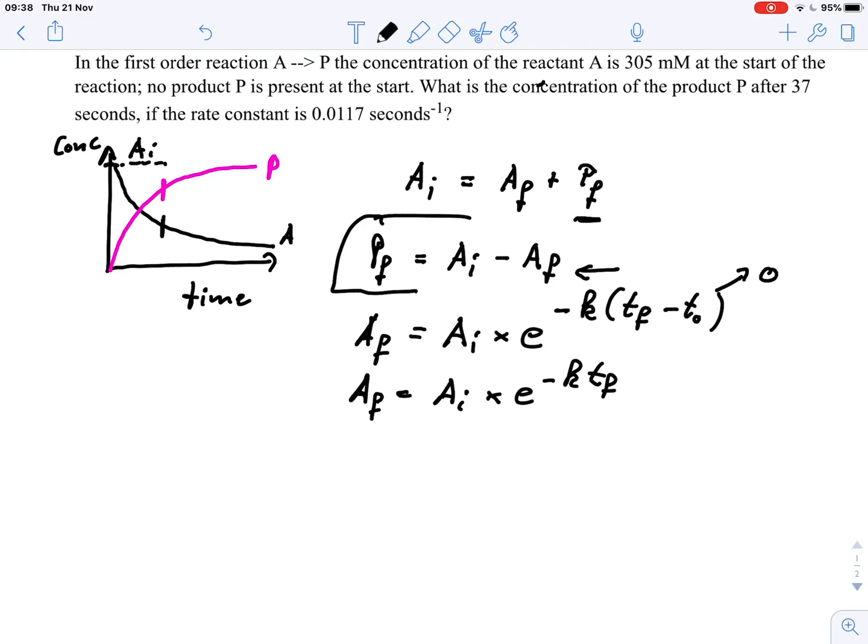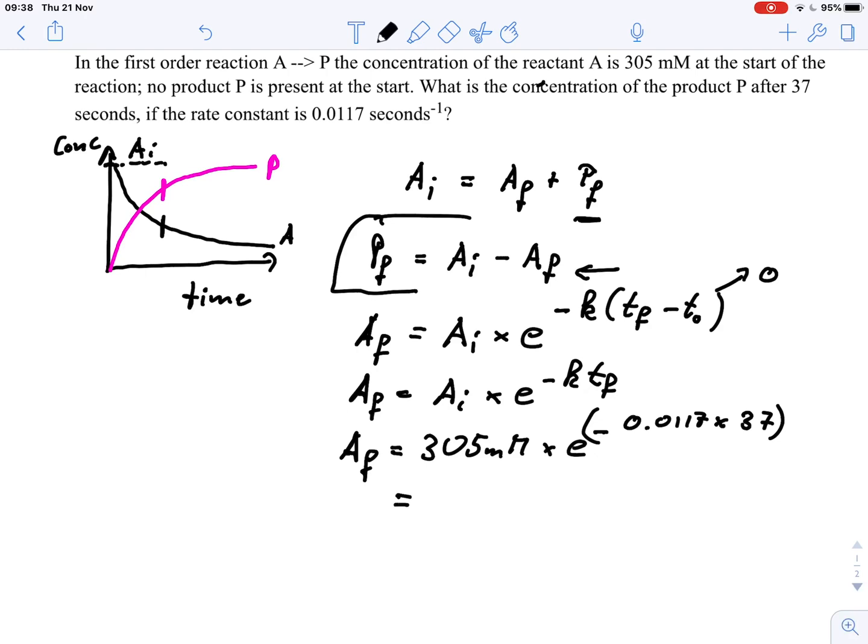We can do this very easily by saying A final equals 305 millimolar times e to the power of minus (0.0117 times 37 seconds). I better put that into brackets.